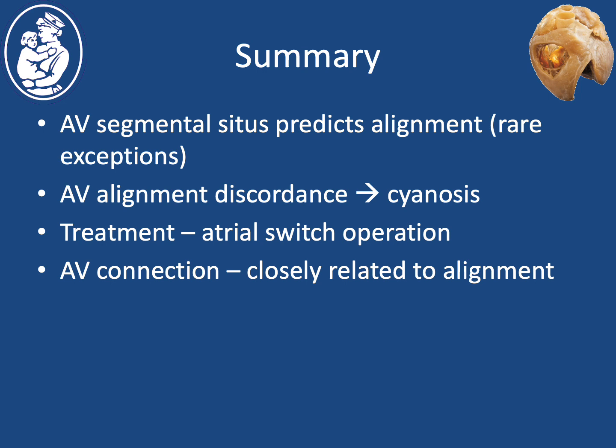If there is atrioventricular alignment discordance, this is associated with cyanosis and is a cause of cyanosis. The treatment for this is an atrial switch operation. So here, the segmental analysis has indicated the cause of cyanosis as well as the treatment.